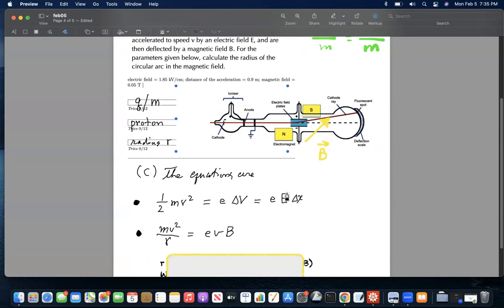So this is just conservation of energy. This is the work done by the electric field. That'll be equal to the kinetic energy that it has when it leaves the electric field.